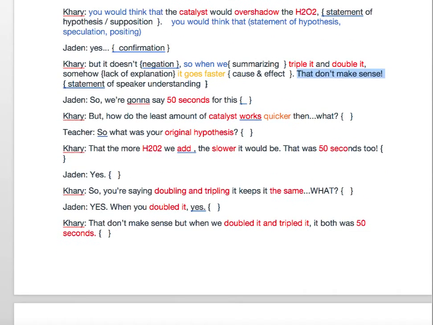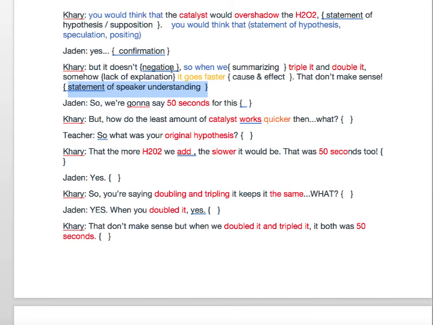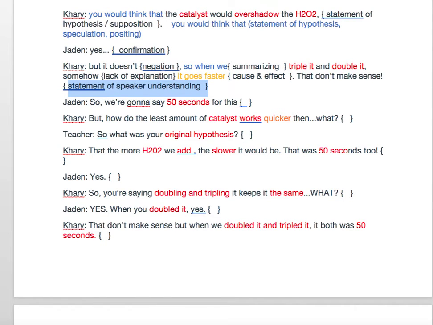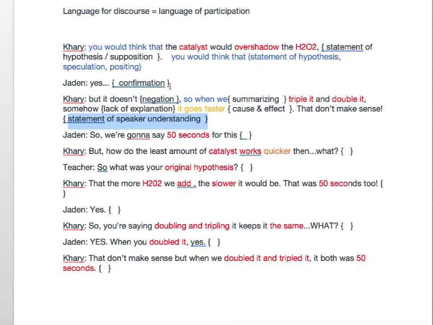So in this single turn by Harry, there are a lot of things going on. There is a reference back to an idea that was posited before, and basically counterclaiming. And then there's a summarizing effect. This kind of happened. Then there's a "somehow," which means there's a gap in knowledge.